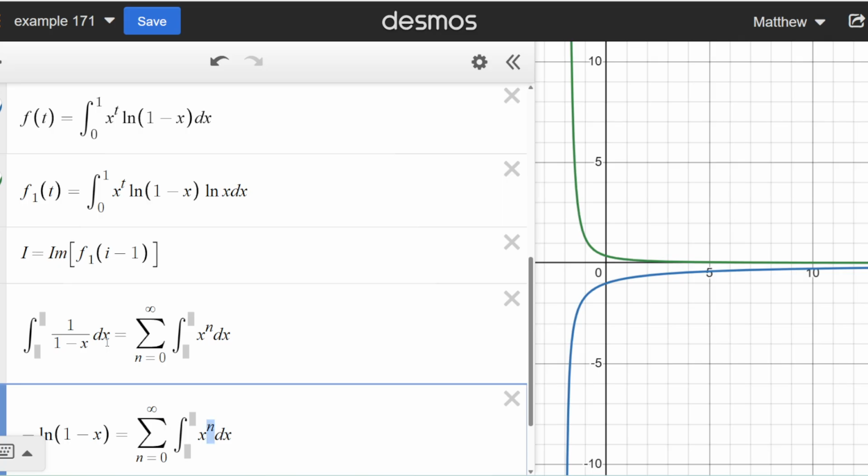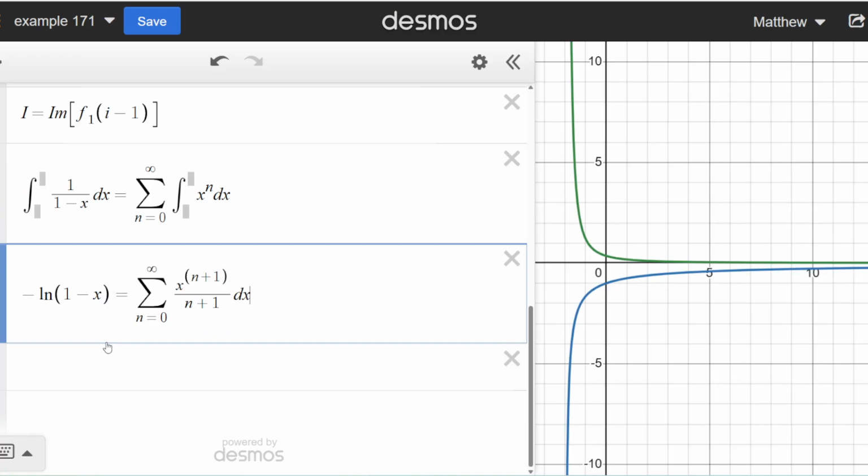Antiderivative of x to the n is just x to the n plus 1 over n plus 1. And then, let's see, we can add a 1 and then subtract a 1.